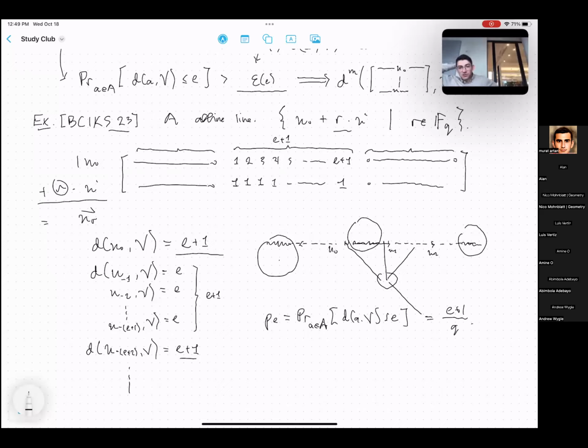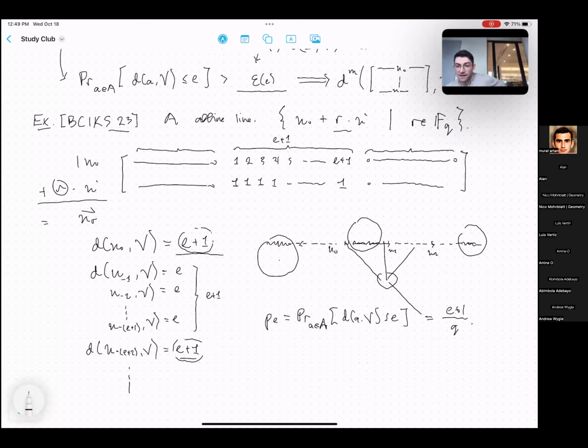Okay, now I challenge everybody on this call to modify this example so that the proportion close to the code becomes E+2 instead of E+1. And here are the rules of the game. You have to do that while keeping some things E+1 far.